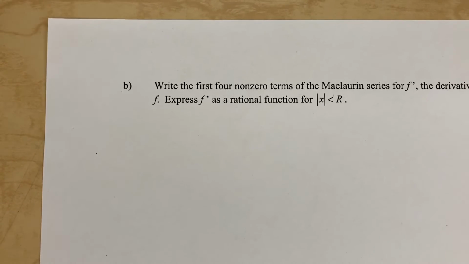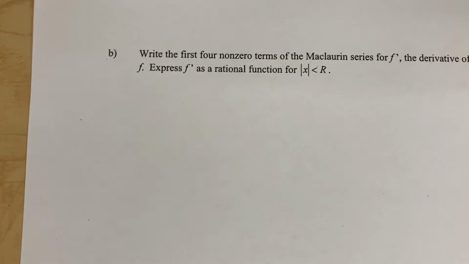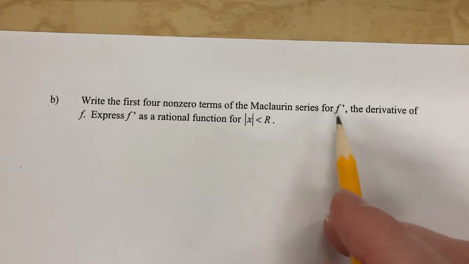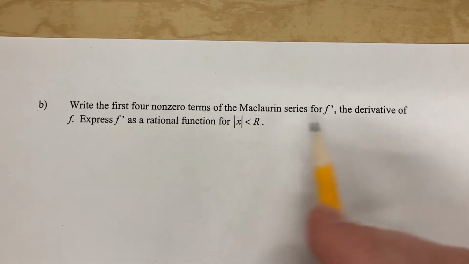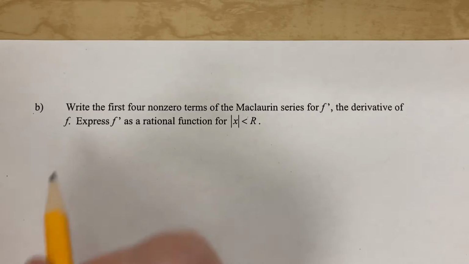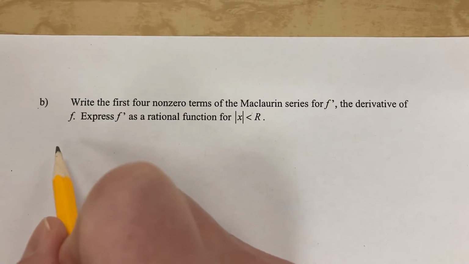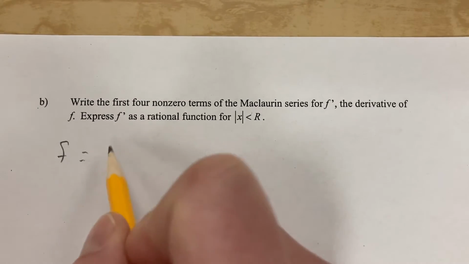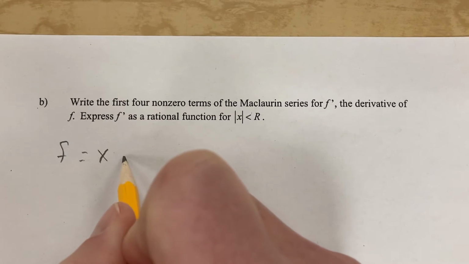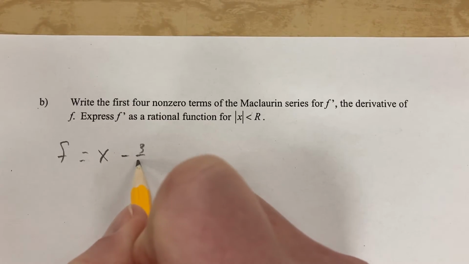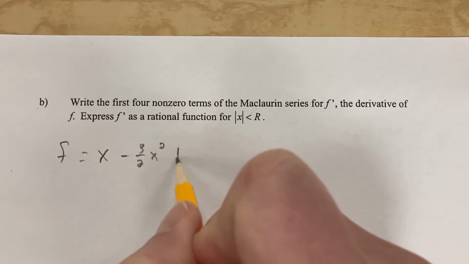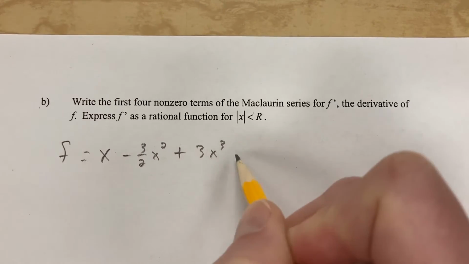For part B, it says, can you write the first 4 non-zero terms for the Maclaurin series of f prime, the derivative, and express it as a rational function? So again, what I would do is go back to f. They started that out for us. They had it as x minus 3/2 x squared plus 3x to the third.